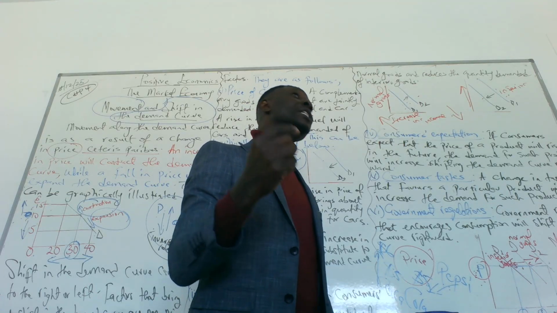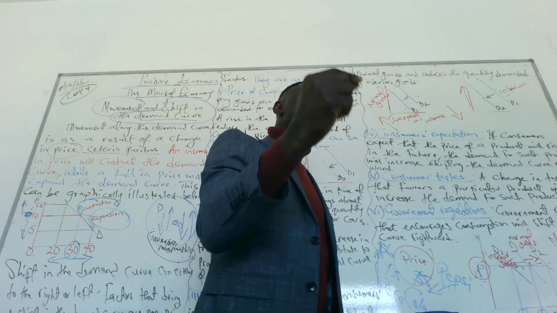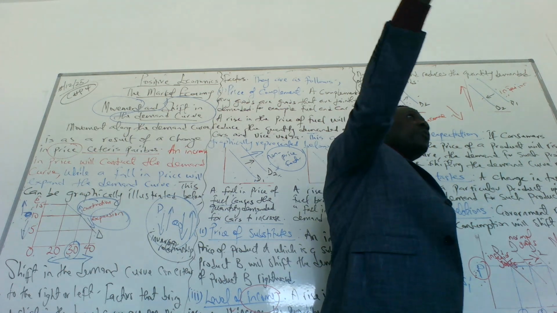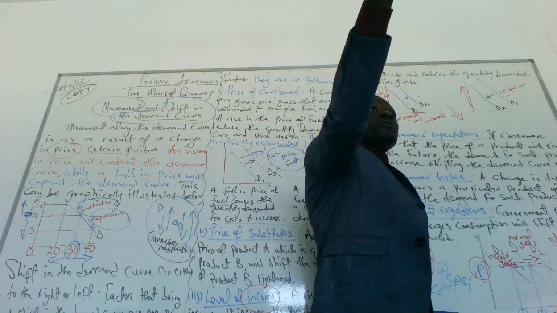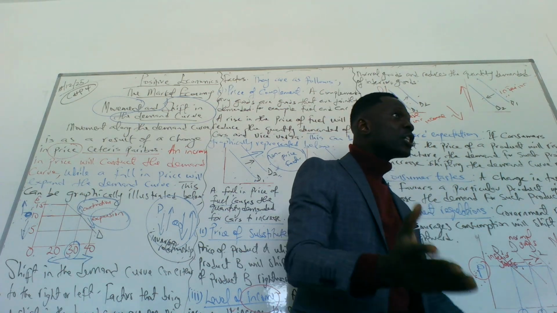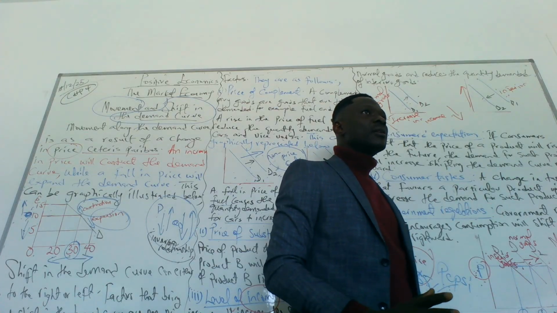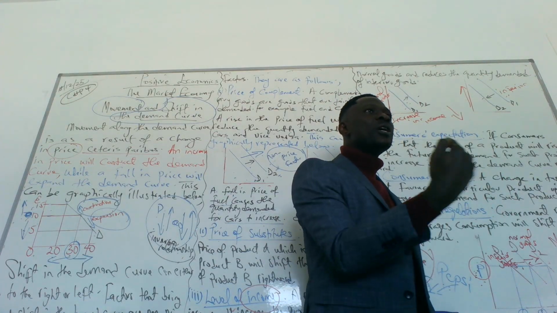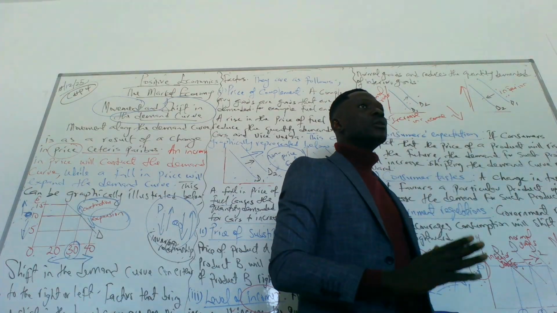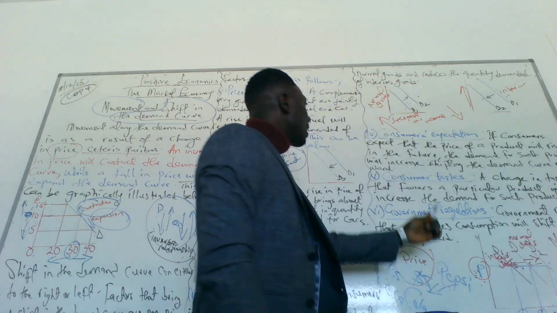Do we understand consumers' expectation here? Consumer expectation is about what the price will be in the future. If the price is expected to rise in the future, we buy now to be a rational consumer. Then presently the demand for it will increase, shifting the demand curve rightward. Do we understand consumers' expectation?